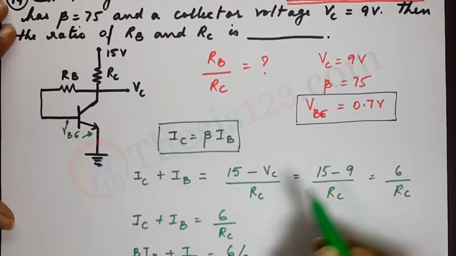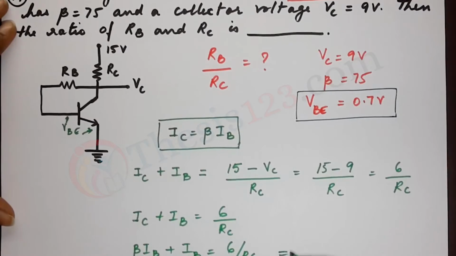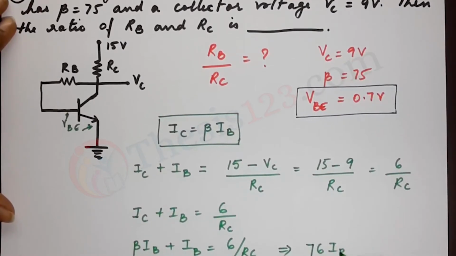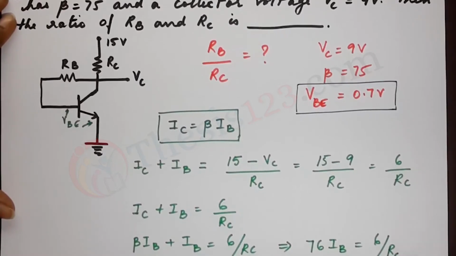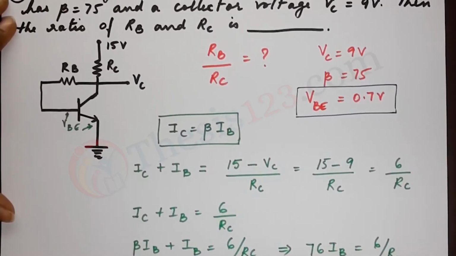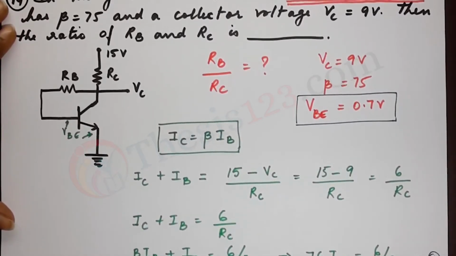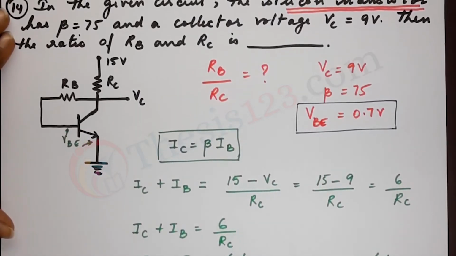Beta is 75, so if we substitute 75 here, this becomes 76 IB is equal to 6 by RC. Let's call this equation 1. We are going to use this at a later step.